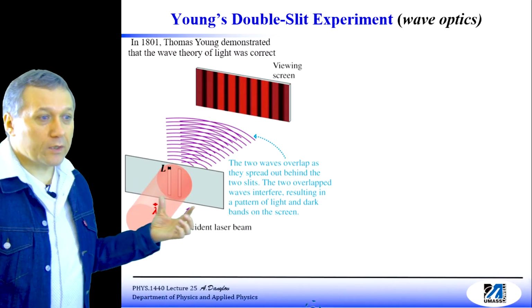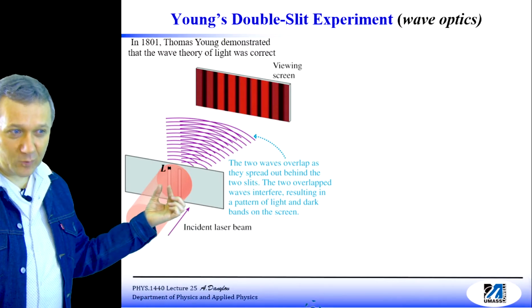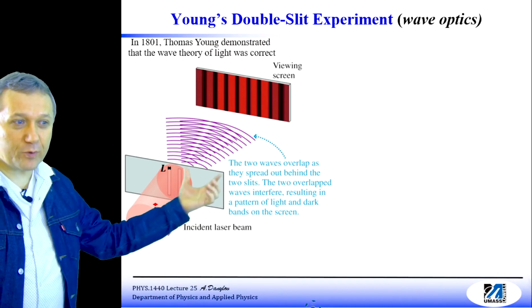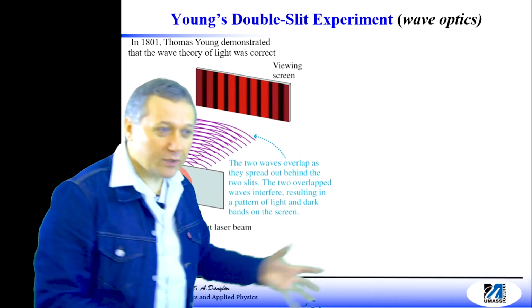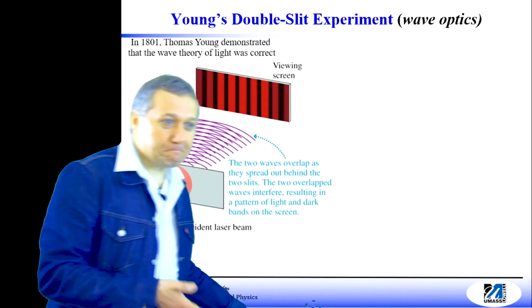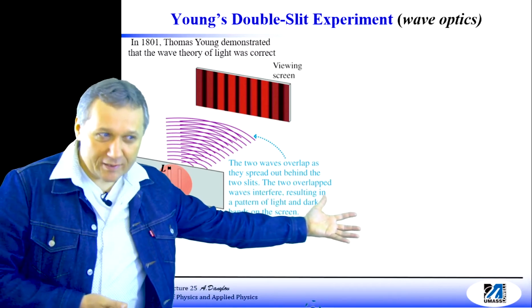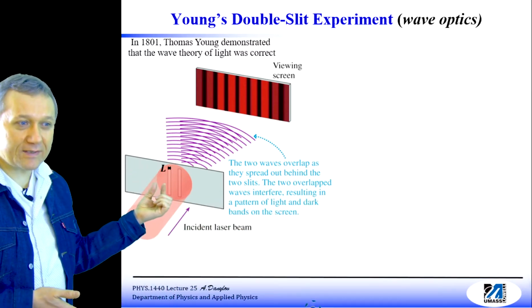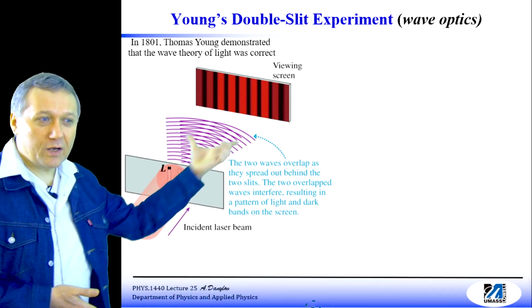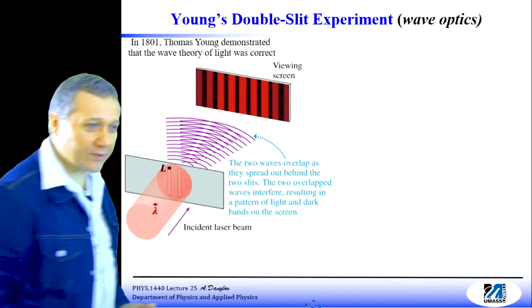Okay, so now, since the size of these openings, the width, and the wavelength are comparable, of course, after these slits, we're going to see diffraction, those circular waves like we saw in the case of water in the previous slide, right? So now this slit creates its own circular wave spreading after the screen.